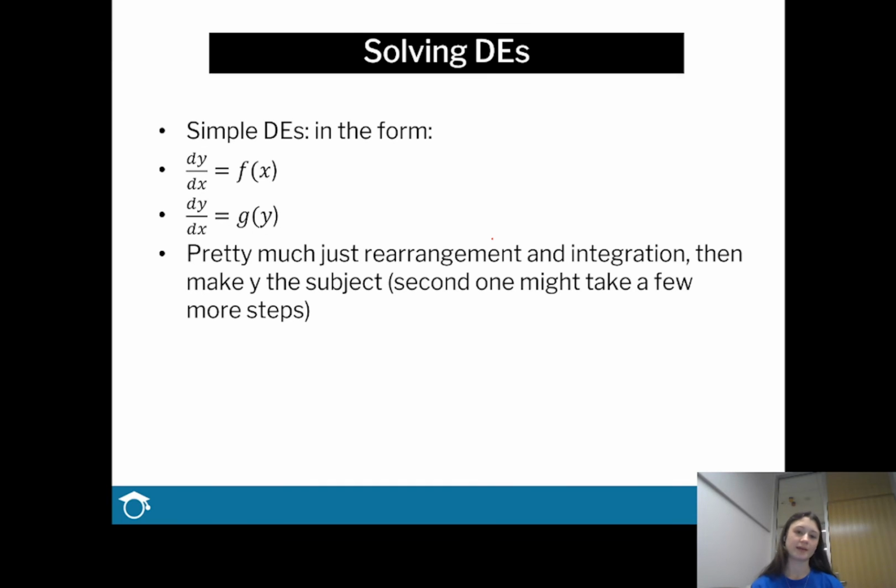G of y is a little bit different because remember we want to be integrating with respect to y, but all we need to do is rearrange and make y the subject, but the second one might take a little bit longer.